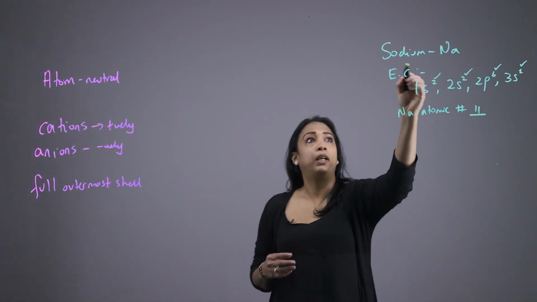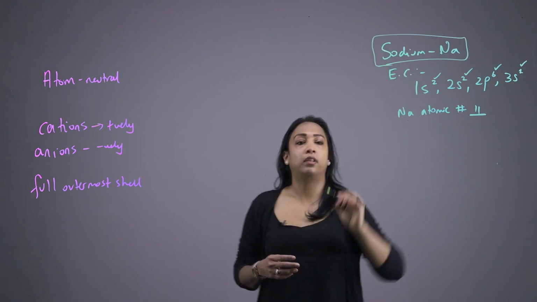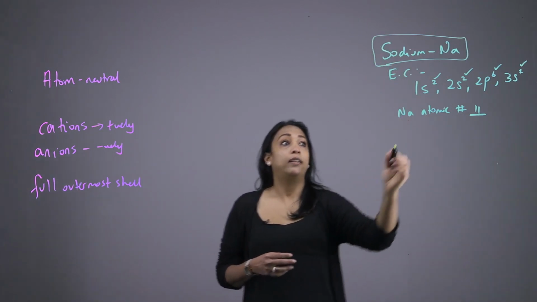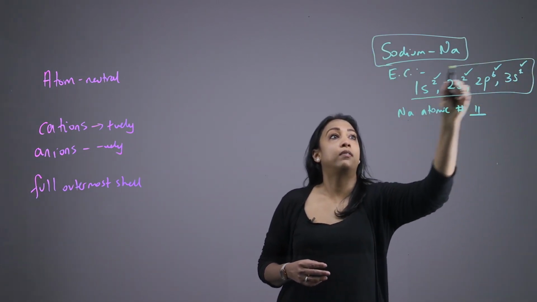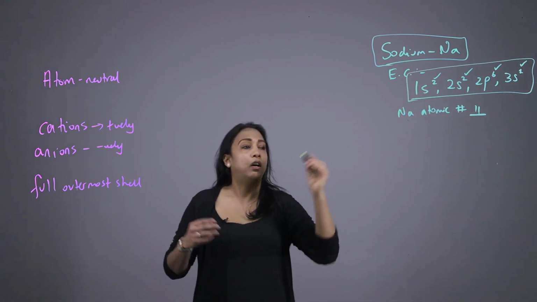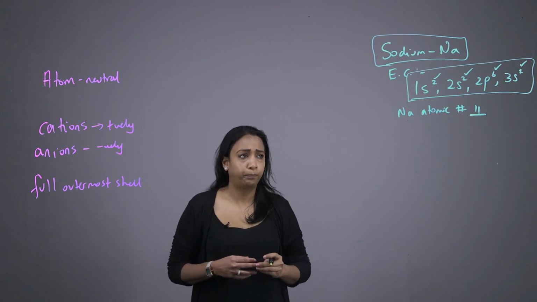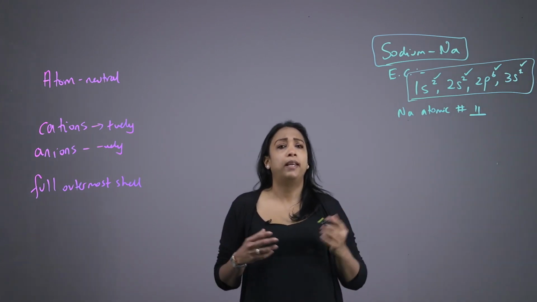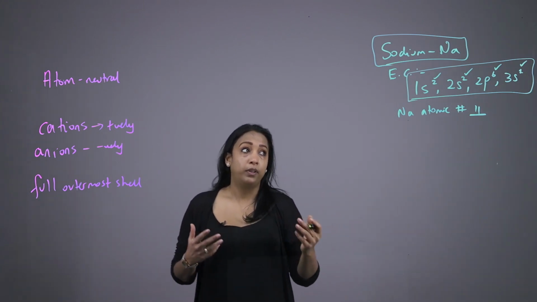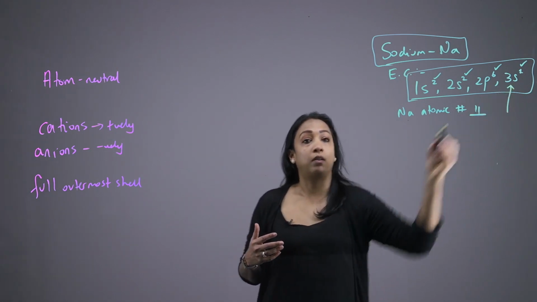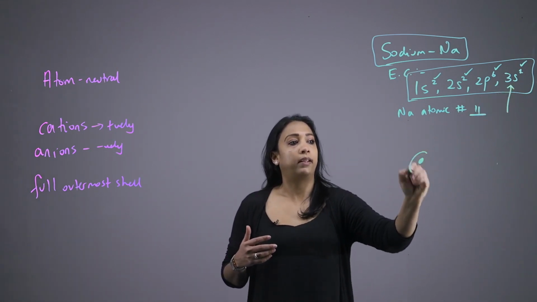And also, because we know atoms are electrically neutral, this also represents the arrangement of the electrons around the nucleus of my sodium atom. So, sodium is in group 1. Sodium has 1 electron in its outermost shell.